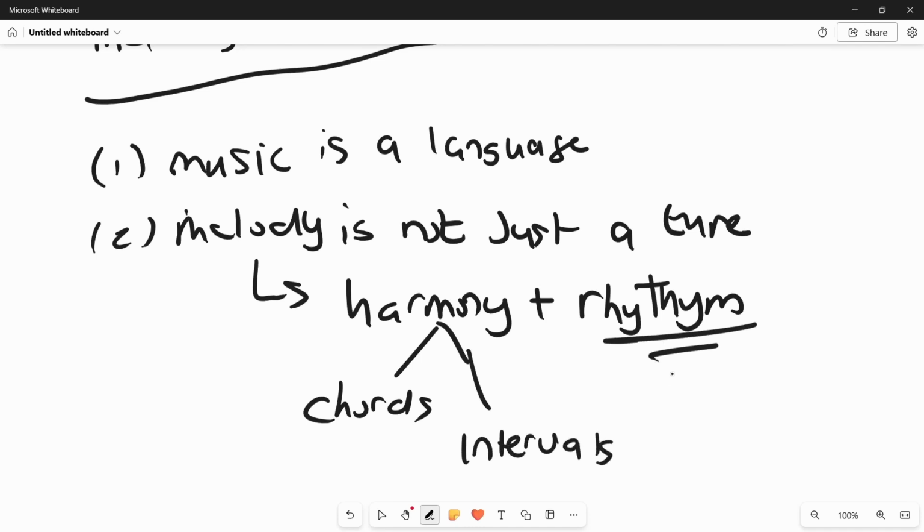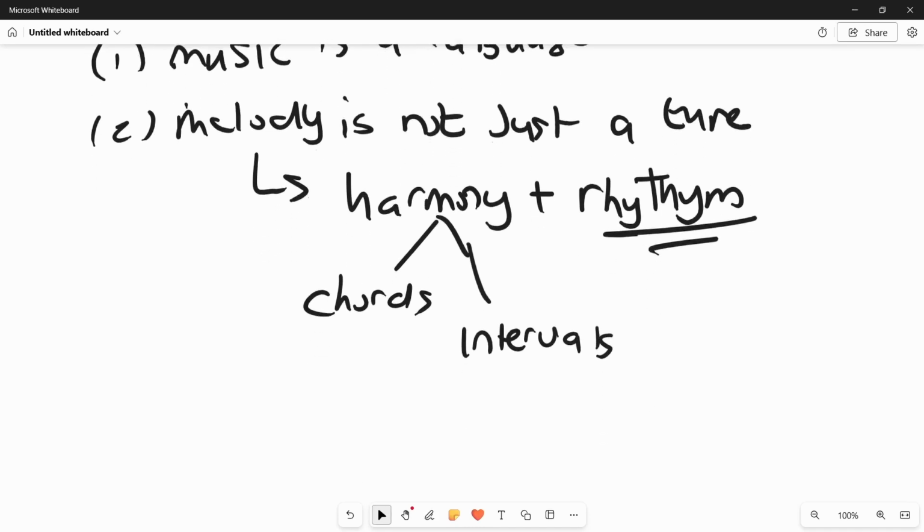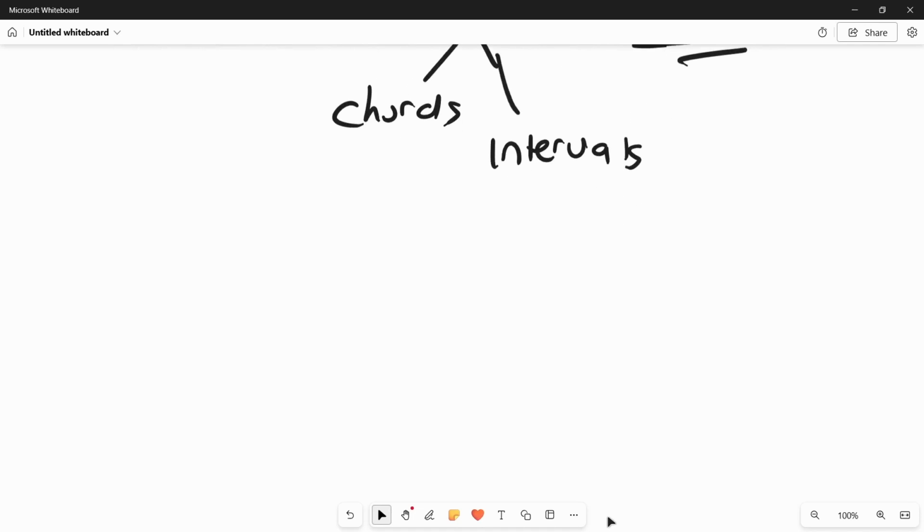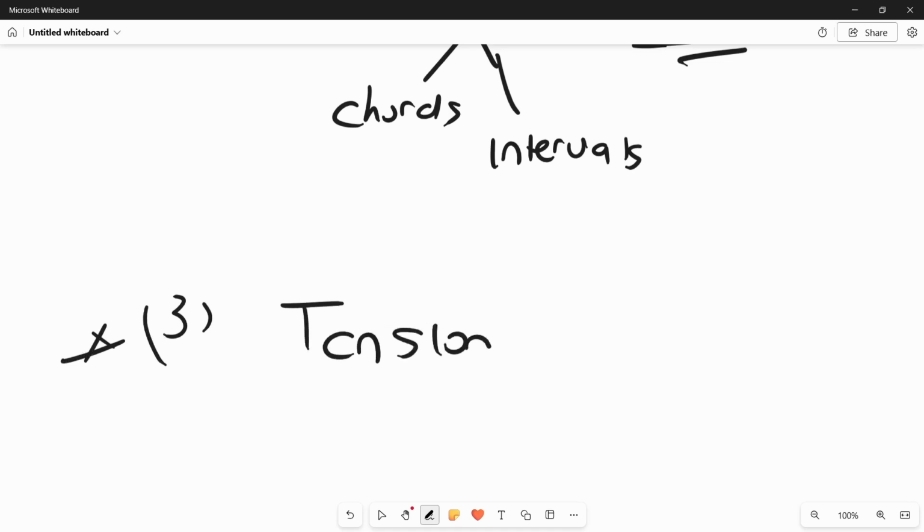In future parts, we will talk about this. We also talked about a core concept which I believe is really important in music: tension and release.